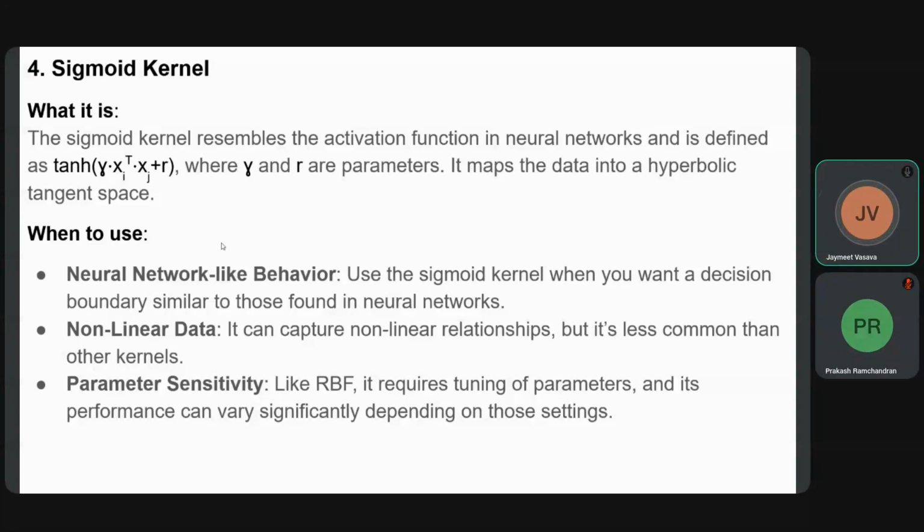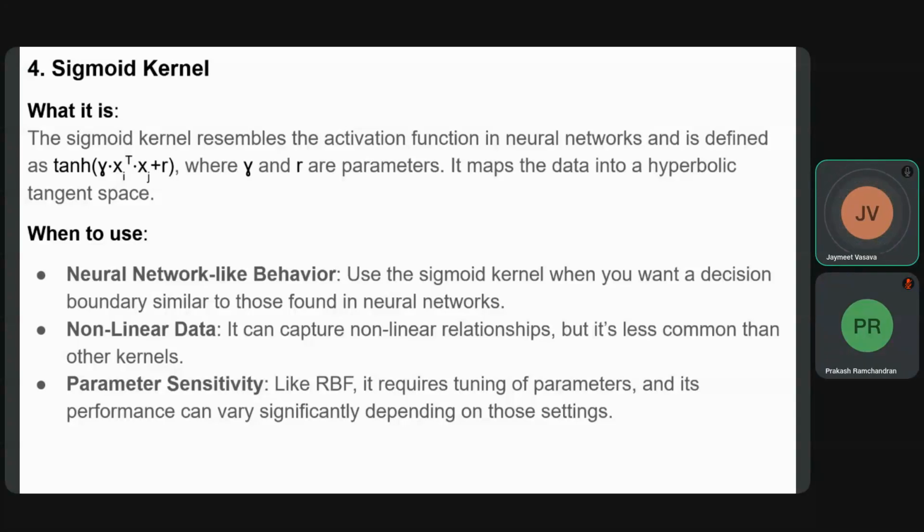Now, getting further with the uses of the sigmoid kernel. Sorry, I'm getting confused with the equation and stuff. So we use the sigmoid kernel when we are trying to have behavior like a neural network and a boundary similar to that of a neural network.